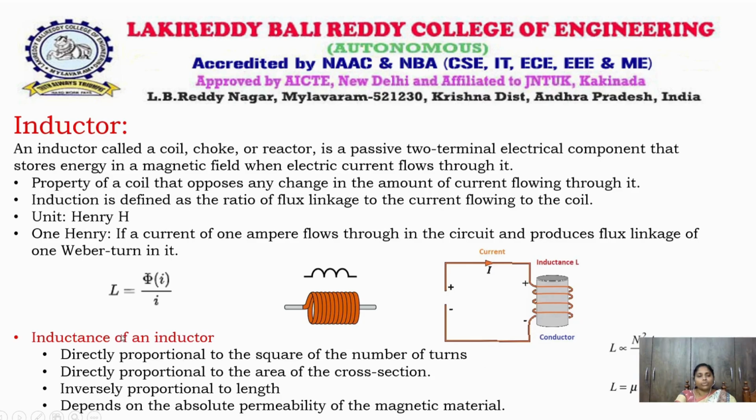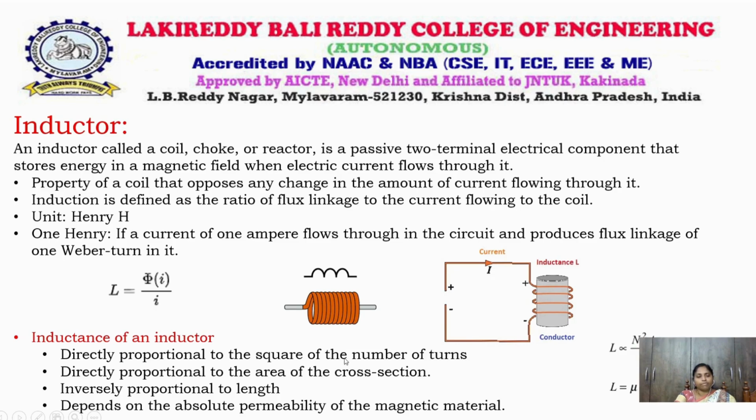So now coming to the inductor, I can also determine L is proportional to N square A by l. So here that is nothing but the inductance of the inductor. Inductor is the element and inductance is the property. It is directly proportional to the square of the number of turns.